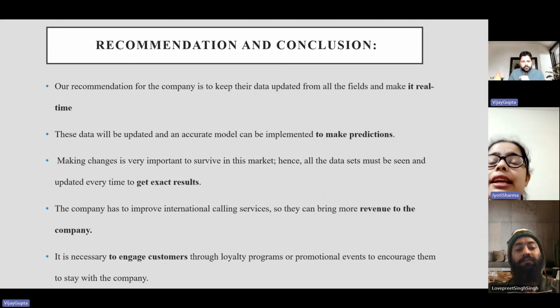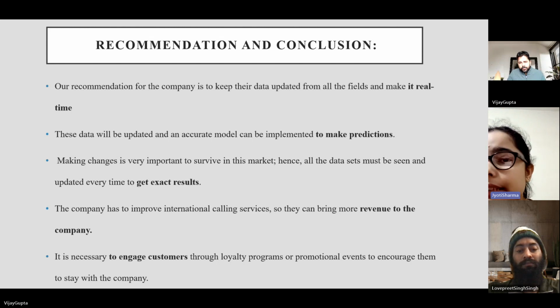Okay. So the last part is recommendation and conclusion. Our recommendation as a group for the company is to keep their data updated from all the fields and make it real time. A company can make predictions if they update the data regularly, because with the help of this type of data, the company can make an accurate model.